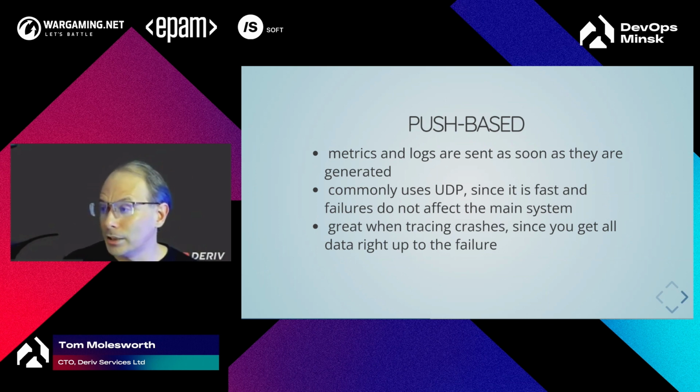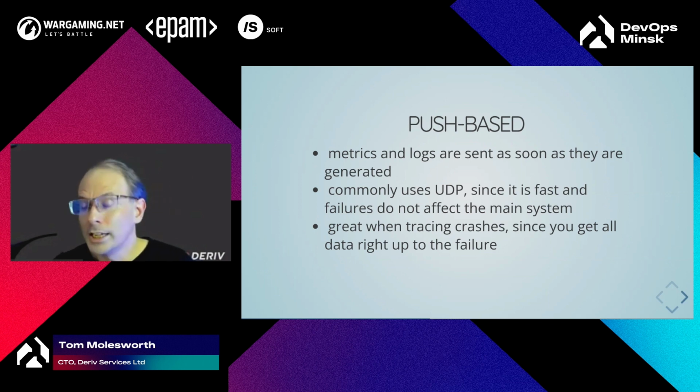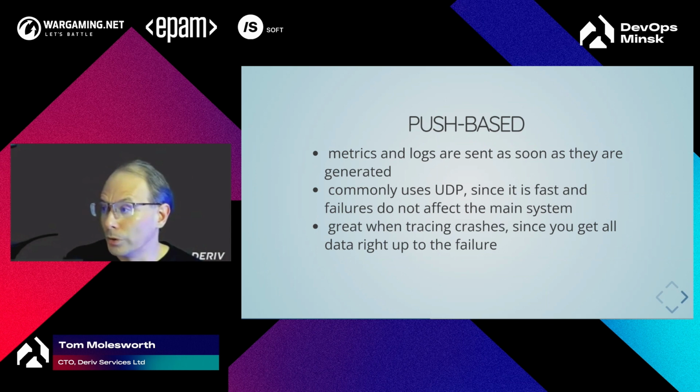So if you had a send just before you had a segmentation fault or an unhandled exception, or the service ran out of memory, then with a push-based system, you're very likely to have all of the metrics leading up to that. That is a slightly older model. StatsD used this, which used to be a really popular system by Etsy some years ago.